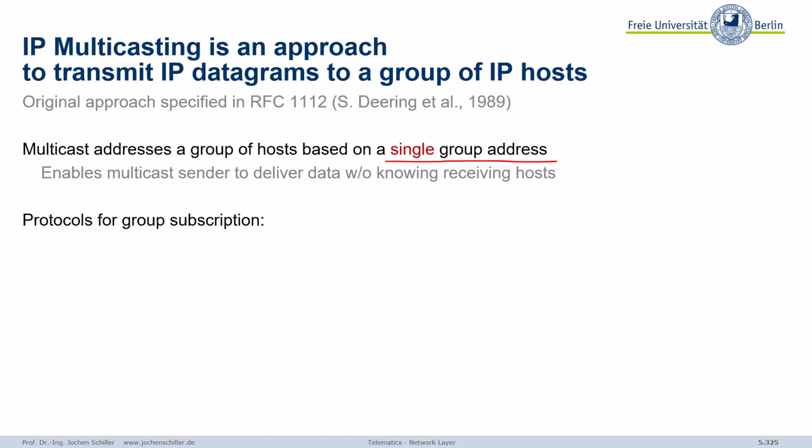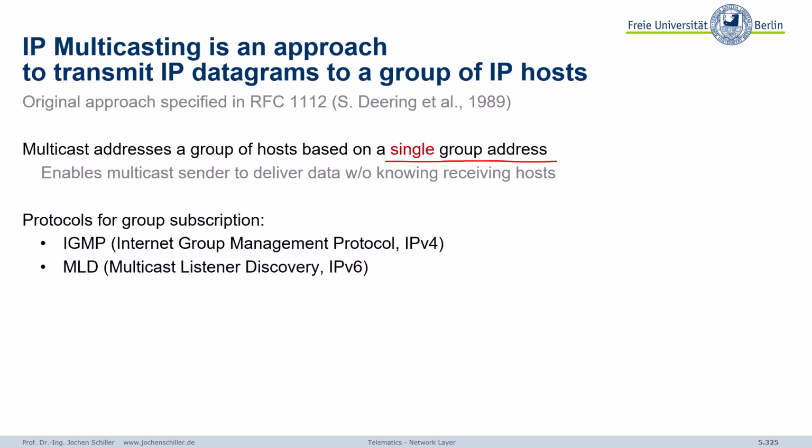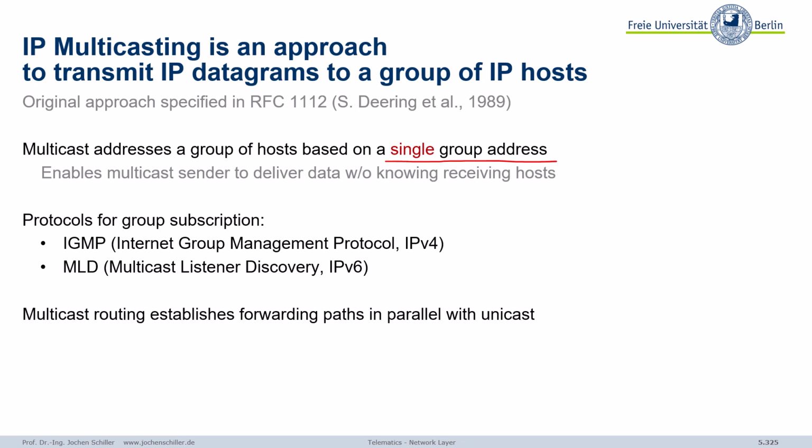We need some additional protocols to manage the group memberships, like the IGMP, Internet Group Management Protocol for IP version 4, or the Multicast Listener Discovery for IP version 6. And all this multicasting is done parallel to the classical Unicast.